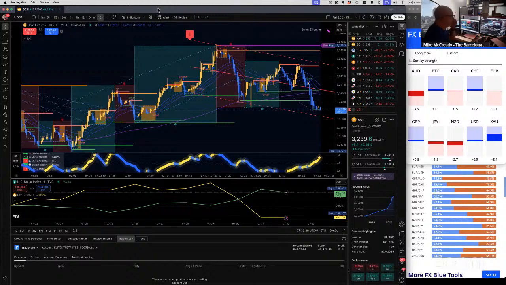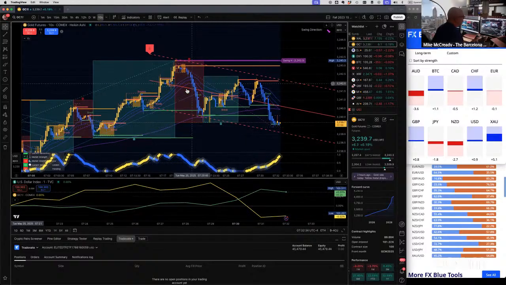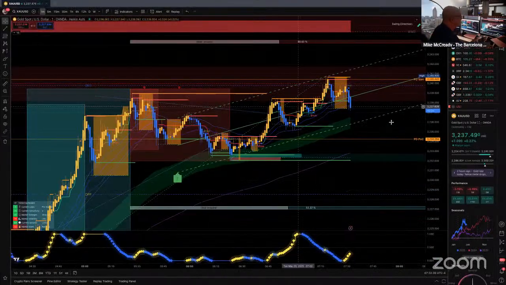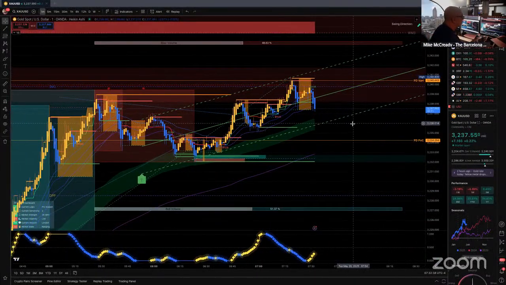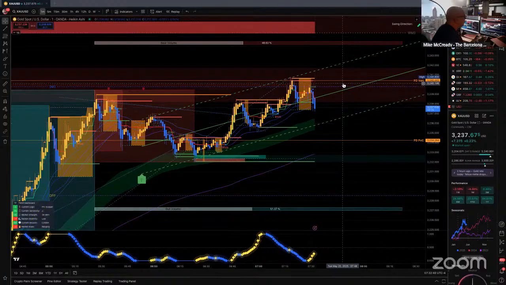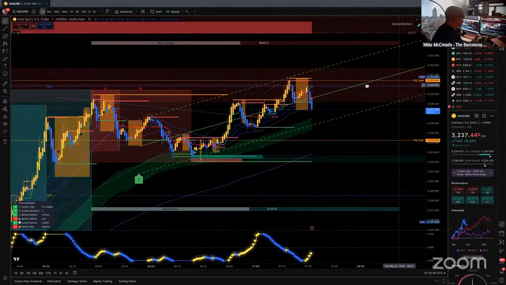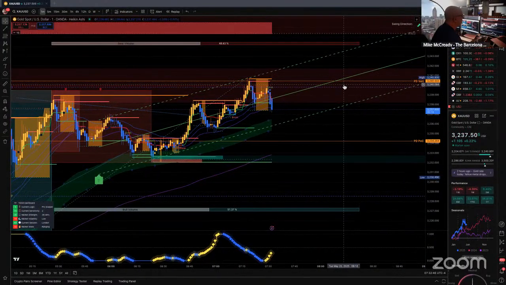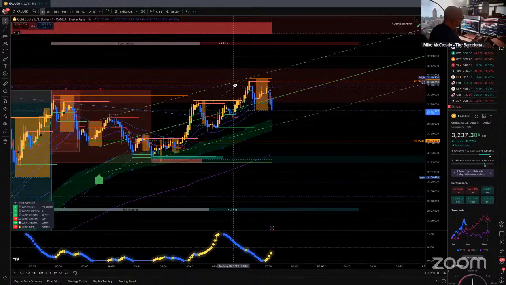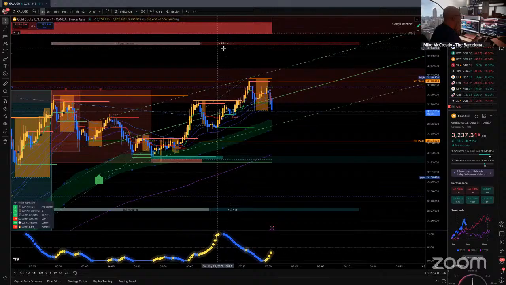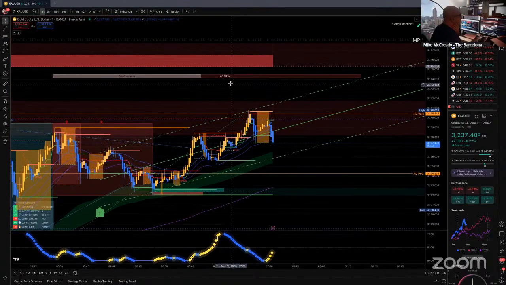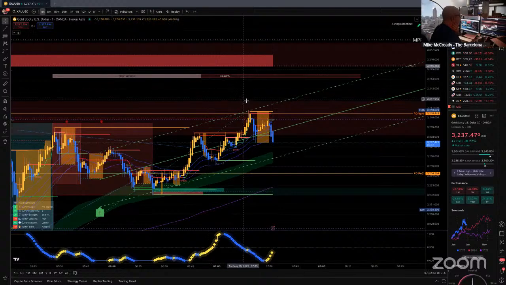So it is 7:32. I'll take stock of where we are here. We've got resistance up here, right here at the previous day's value area high, where we used the fixed range volume profile to find that. And you can see we've got some harder resistance up here.